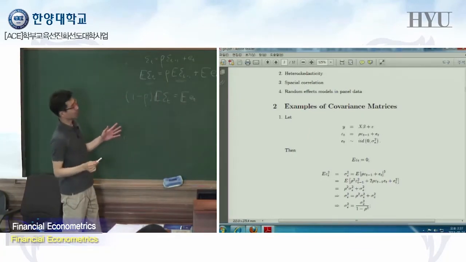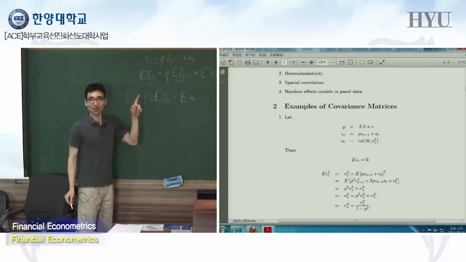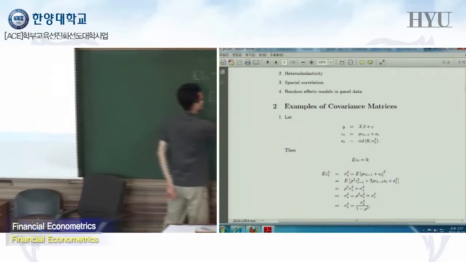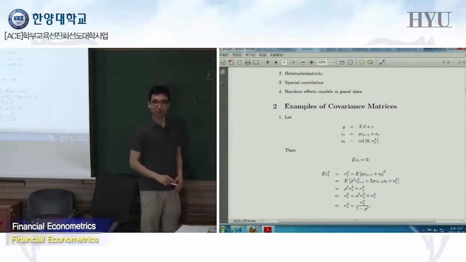Because it is an unconditional expectation, the subscript t does not matter, so we can simply drop t. Since the expectation of e t is 0, the expectation of epsilon should be 0 too.